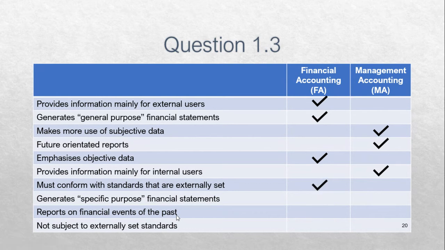Who generates specific purpose financial statements? That's correct. So it's our management accountant. Now, the reason it's specific is because management would ask for specific areas of information, so they won't create a report with all the information.